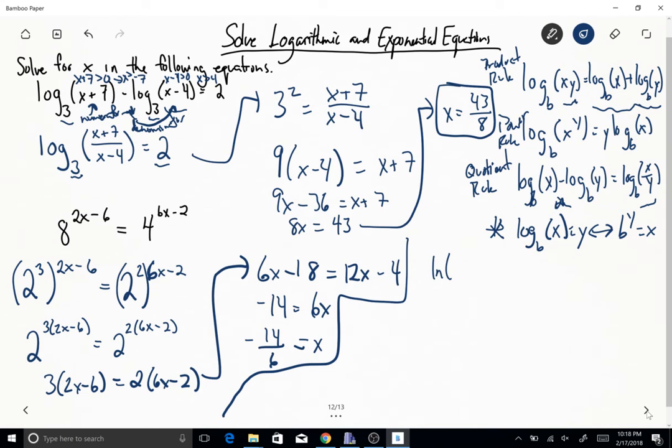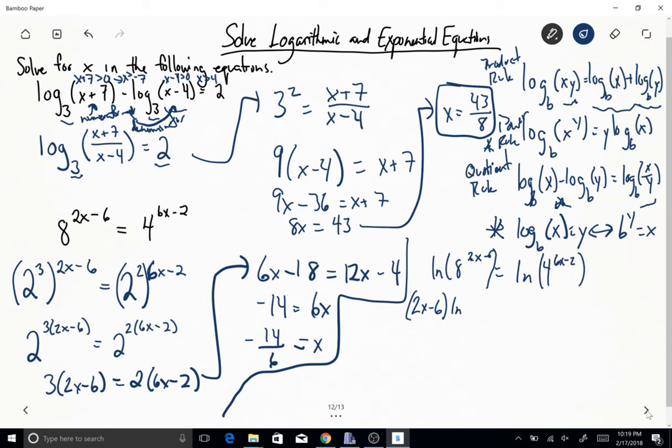So natural log of 8 to the 2x minus 6 equals natural log of 4 to the 6x minus 2. What that allows us to do, this power rule right here, allows us to bring that out in front.